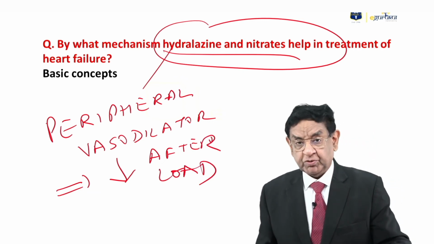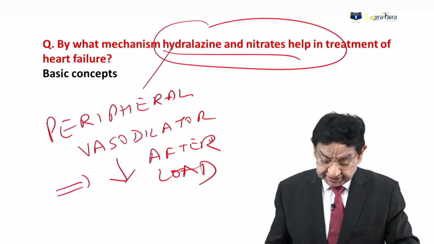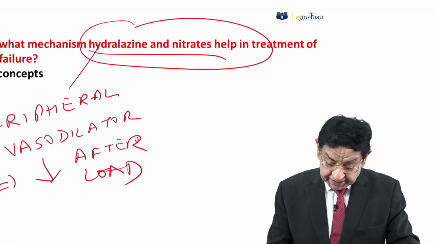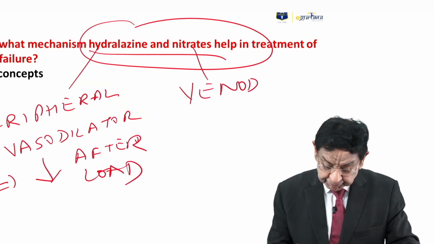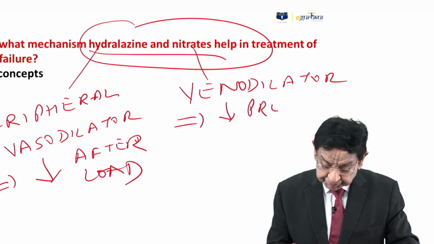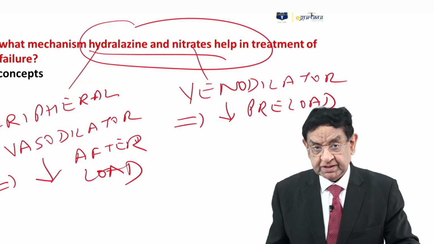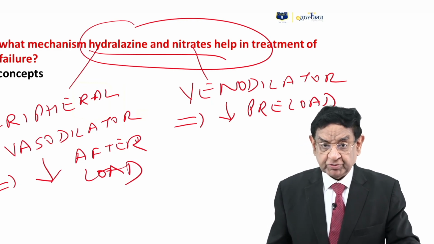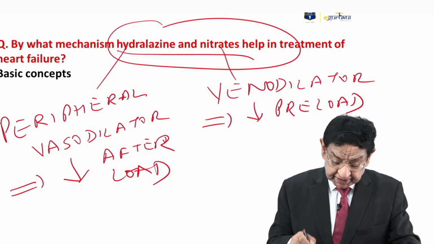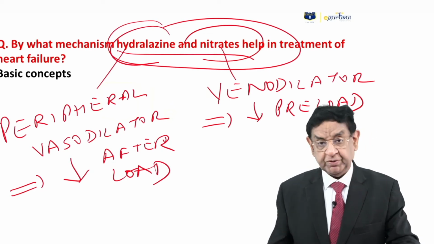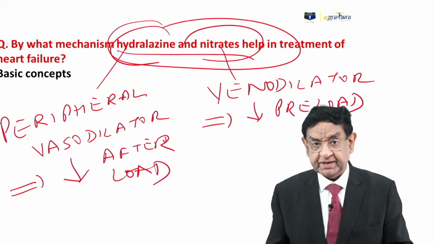Once the afterload is reduced, forward flow is increased. Nitrate is a potent venodilator, thereby it reduces preload. When the preload is reduced, the lungs will be decongested, less blood will go to the lungs. So they reduce the afterload and the preload, and that's how they benefit heart failure patients.